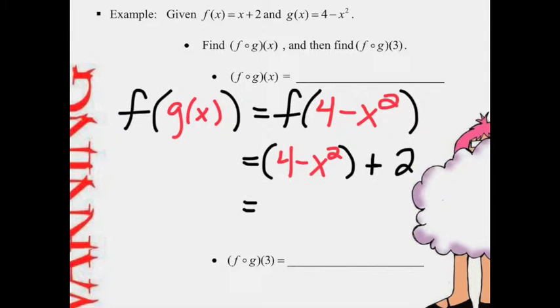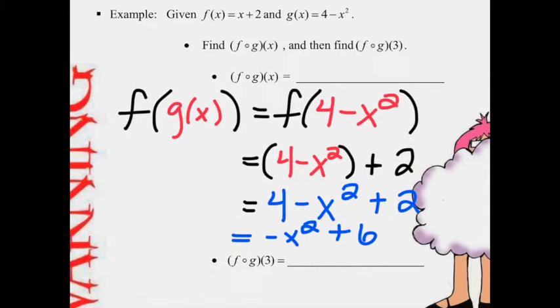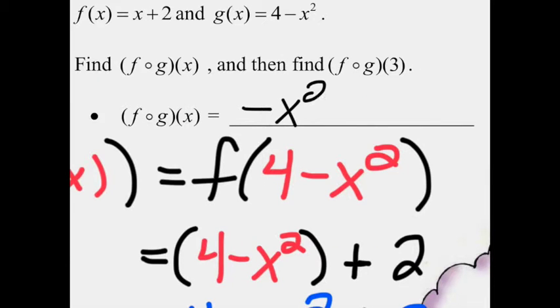So now inside the parentheses, there's nothing to work out. So we can drop them and we can combine our like terms. And we get negative x squared, 4 plus 2 is 6. And so our f of g of x function is negative x squared plus 6. So that's our composition function.